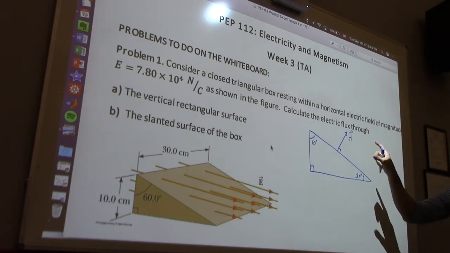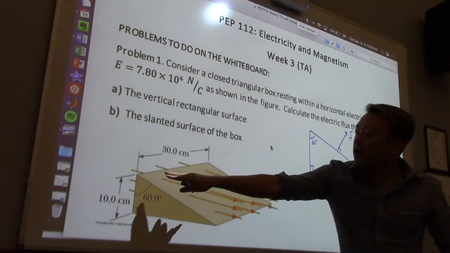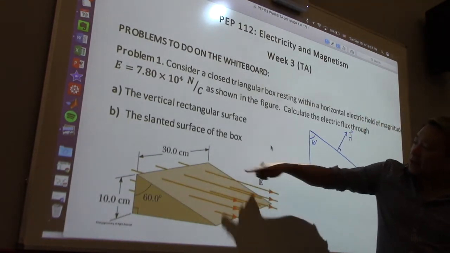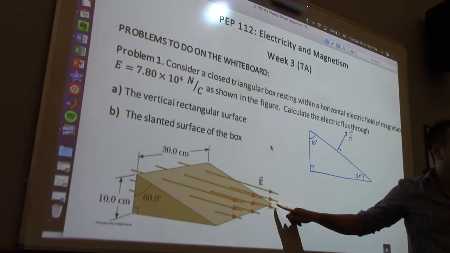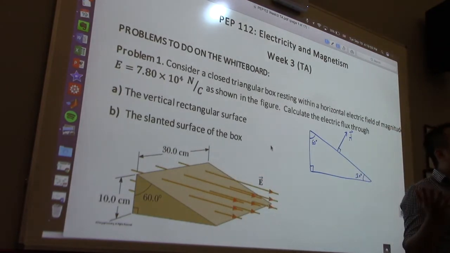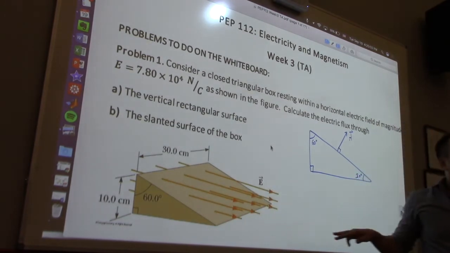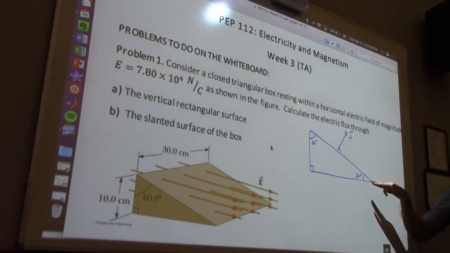We know the direction, but now we've got to calculate the area. Looking at this, it is 30 centimeters, and we need to get 30 centimeters times this slant distance, right? Well, that's nothing other than the hypotenuse of that 30-60 triangle. That's the length that we need.